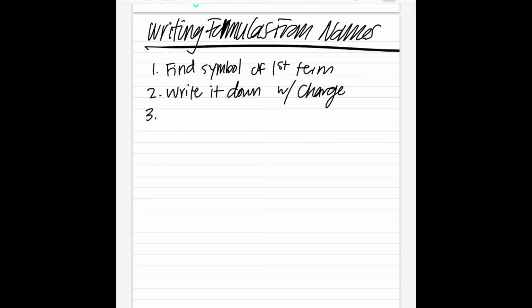Step 3, find the symbol, oh my gosh, I can't spell today. Oh, my letters are terrible. Let's try this again. Find the symbol of the second term. Step 4, write it down with the charge.